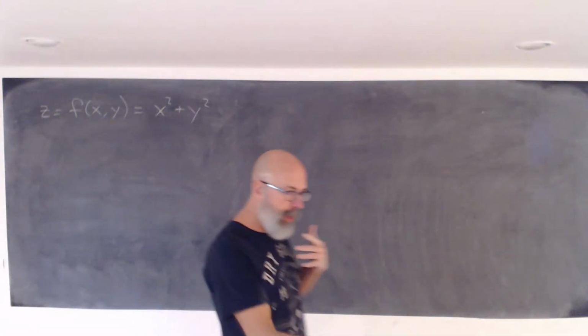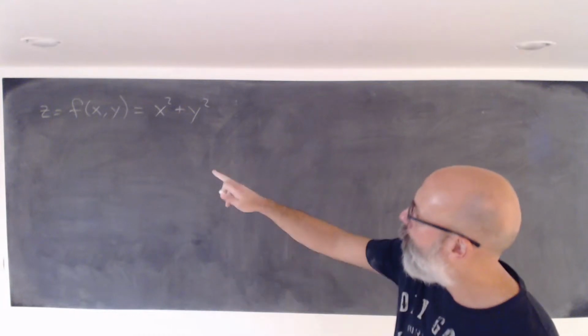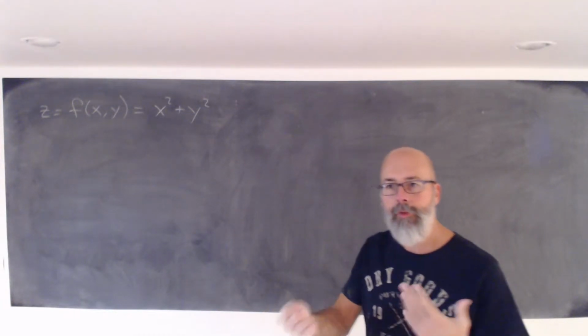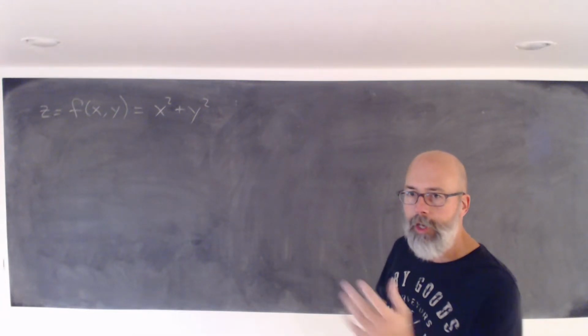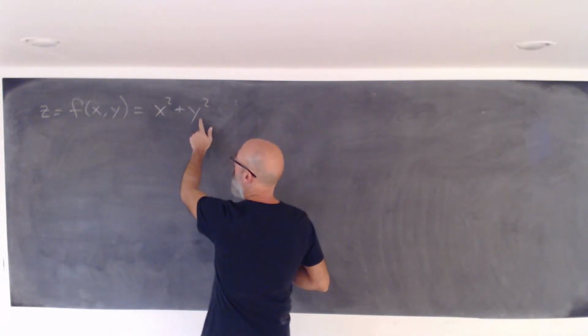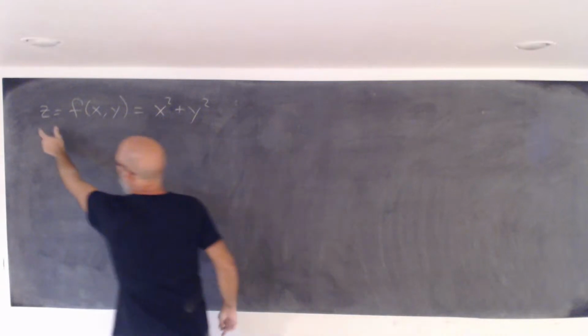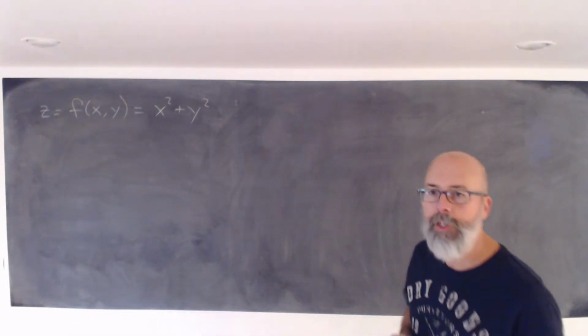If you plug in a value of x and a value of y, it spits out a value for z. So this is really an extension of y equals f of x. Here you've got a third variable, z equals f of x, y. For any value of x and y you plug in, you get some height value of z.